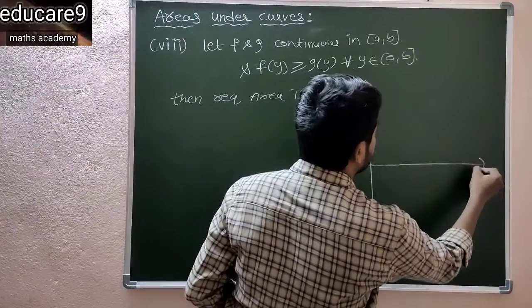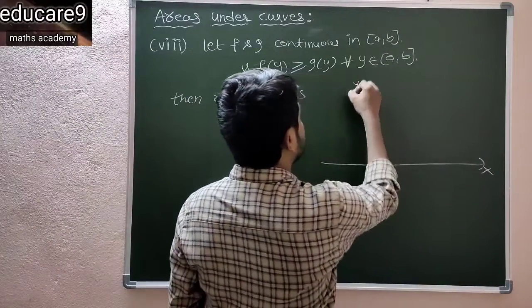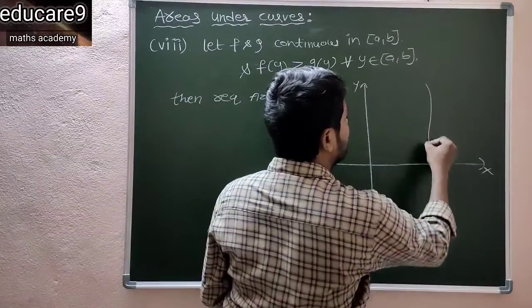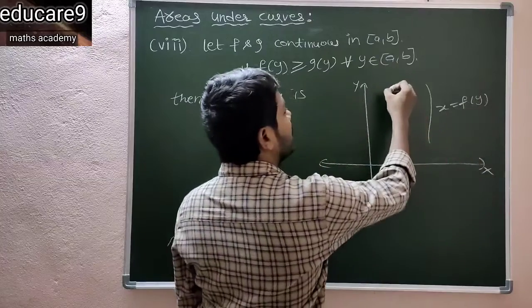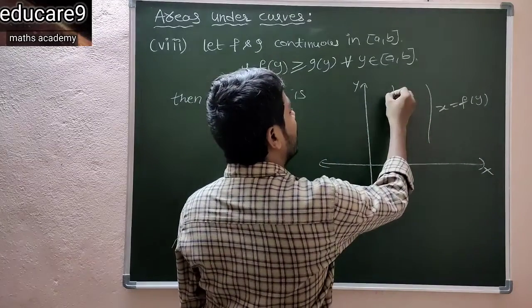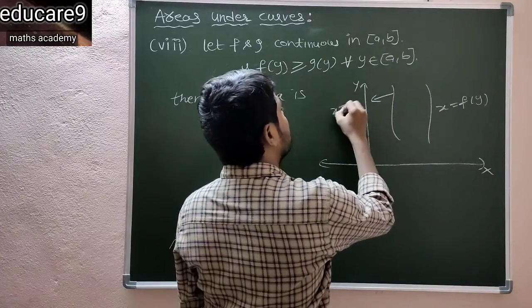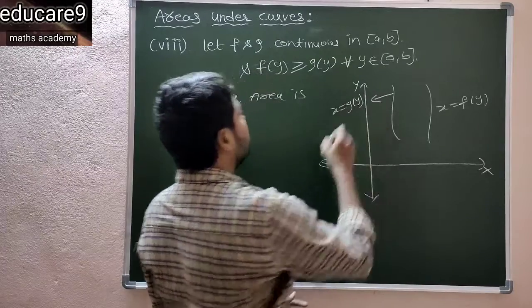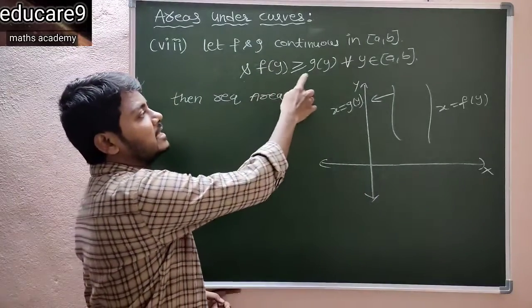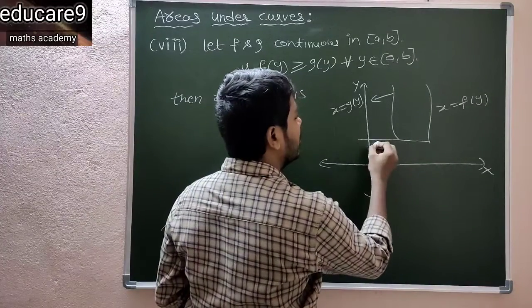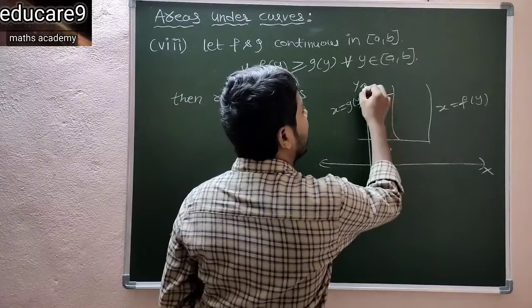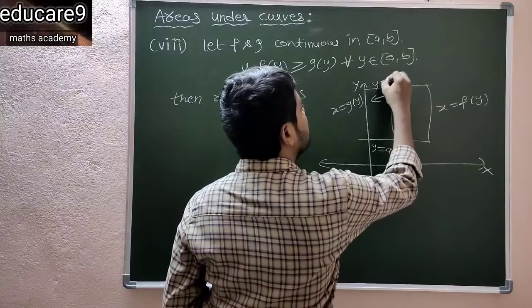consider the coordinate axis. This is x and y axis. Here this is the curve x is equal to f of y, and this is the curve x is equal to g of y. See here clearly f of y is greater than or equal to g of y within the interval y is equal to a, y is equal to b.